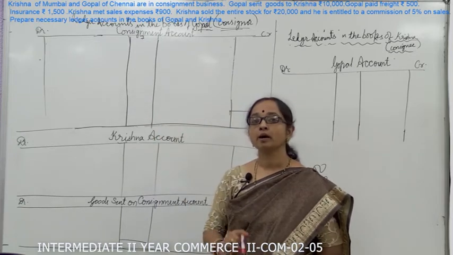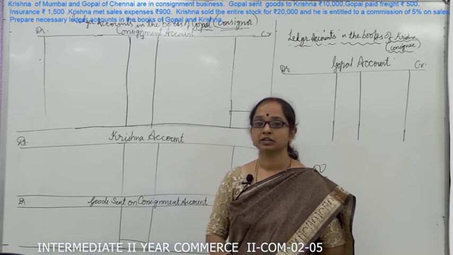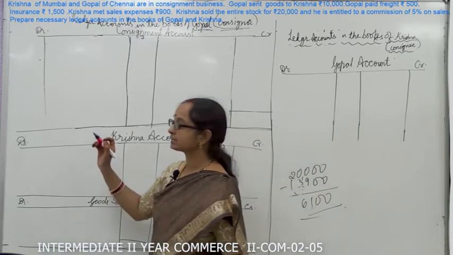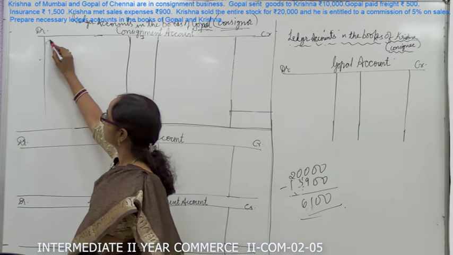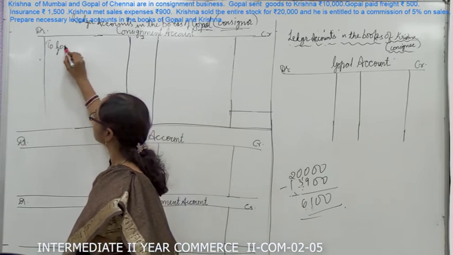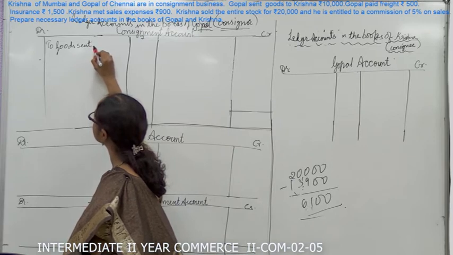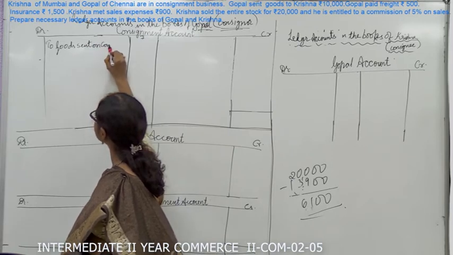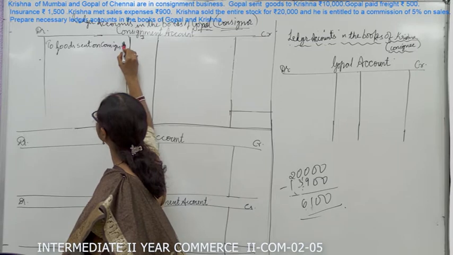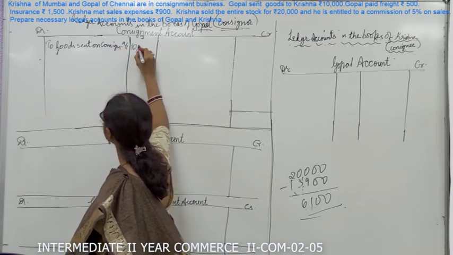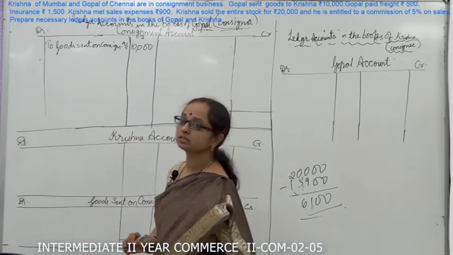So Gopal is sending the goods to Krishna. So the first transaction that happened is the goods have been sent on consignment to Krishna. The goods sent on consignment amounting to 10,000.